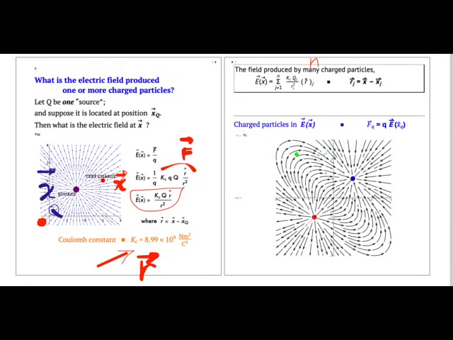Let's draw the force sort of in this direction. So if you already know the electric field, you don't use Coulomb's law. To determine the force on a charge, you just multiply the charge times the electric field.